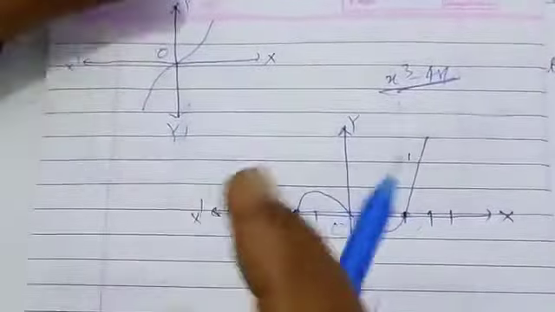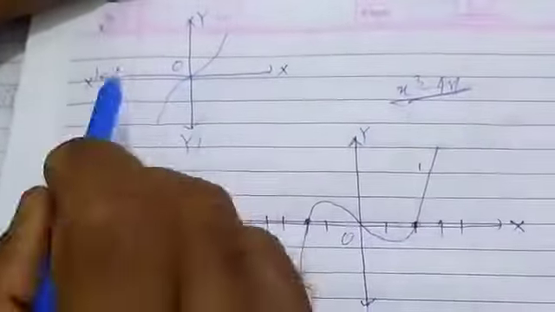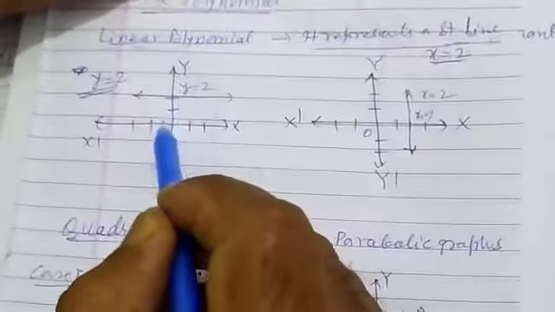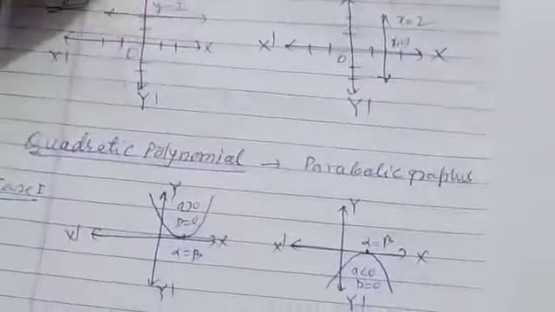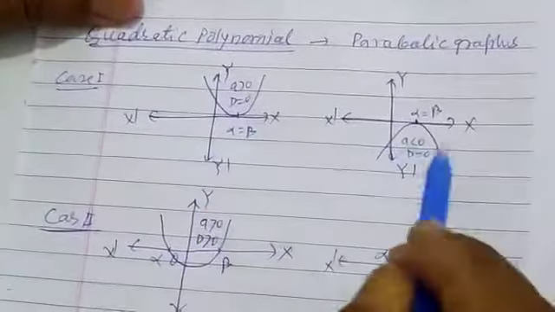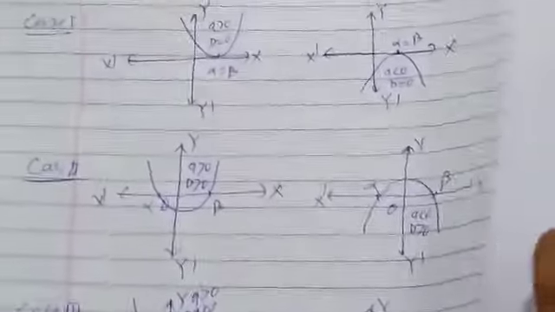Thus we conclude that here it is touching at 1 point, here we are getting 3 points, and here we are getting 1 zero. The number of zeros varies: 1 zero, 3 zeros, and so on. So we conclude that a polynomial of degree n has at most n zeros.